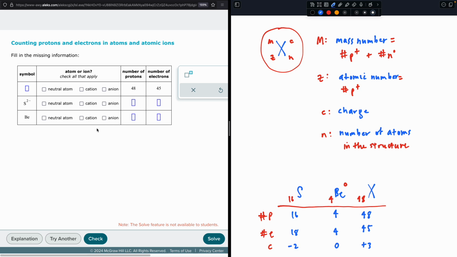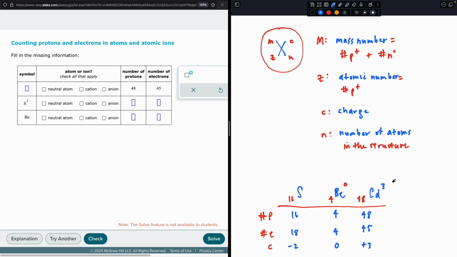All right, so let's come up here then. The neutral atom, we can look up 48 real quickly while we're doing this. I'm looking at my periodic table, and I see 48 is cadmium. Never would have guessed it, right? I don't see cadmium a whole lot. So let's get rid of this, and let's say that it is cadmium. Okay? So its symbol, but it's got a +3 charge in it, so it's going to be cadmium 3+.